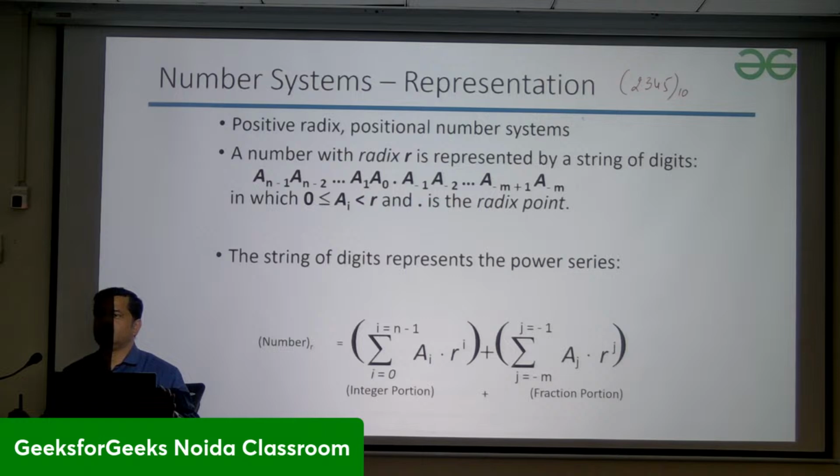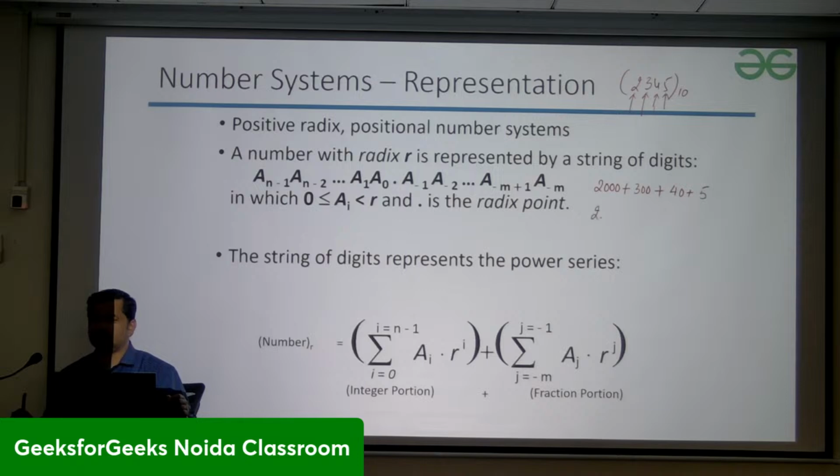And here we see that this is the unit value. Then this is the tens place, hundredth place, thousandth place, and so on. And if I write it into the expanded form, it is nothing but 2000 plus 300 plus 40 plus 5. How does it come?